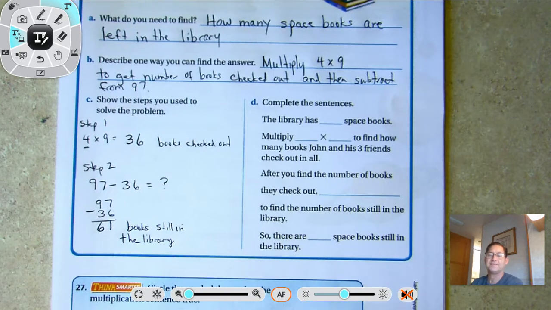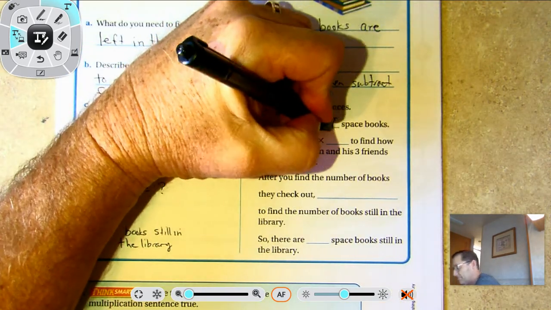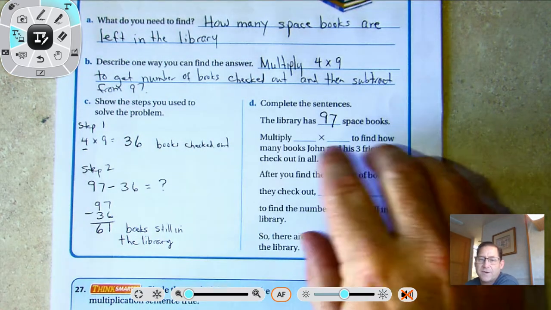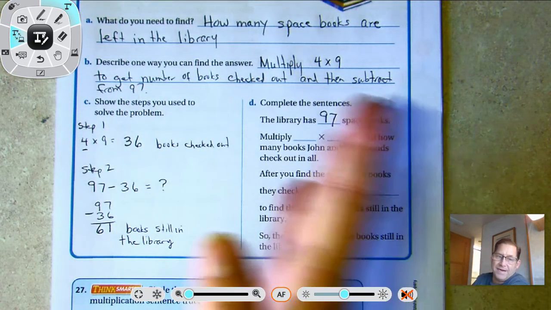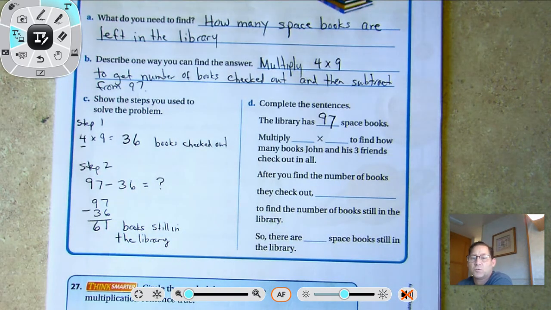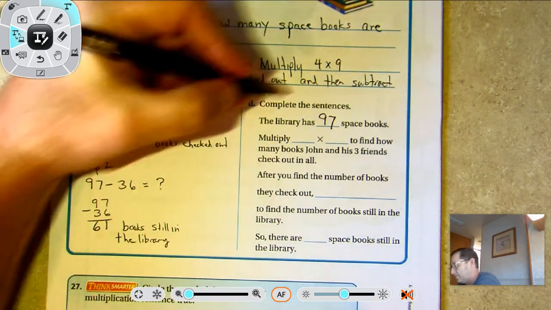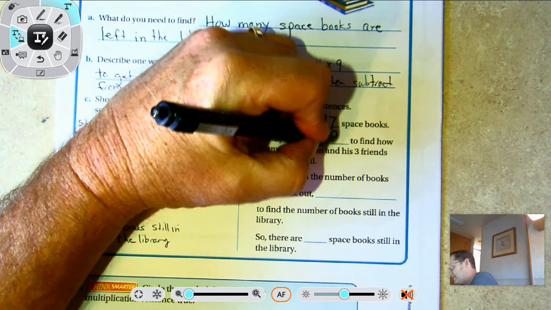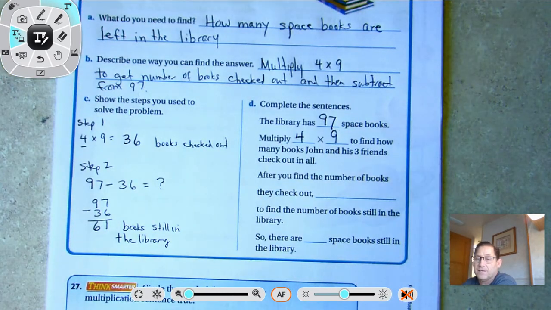All right, so complete the sentences. The library has 97 space books. So this part here is basically explaining what we did up to this point. Okay, so multiply blank and blank to find how many books John and his 3 friends check out in all. What did we multiply by? We multiplied by 4. 4 times 9. There were 4 people.